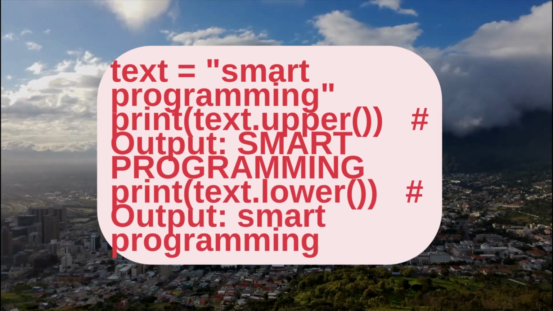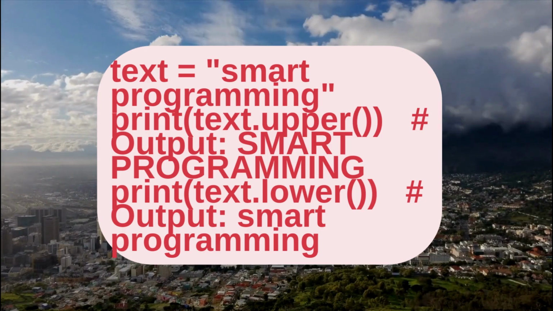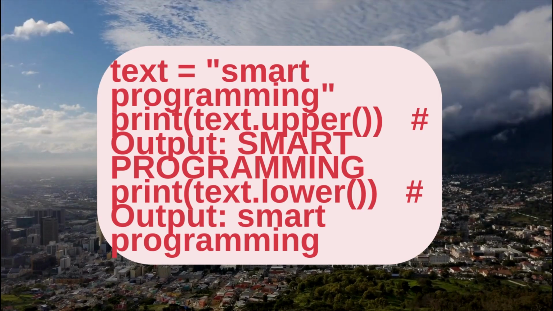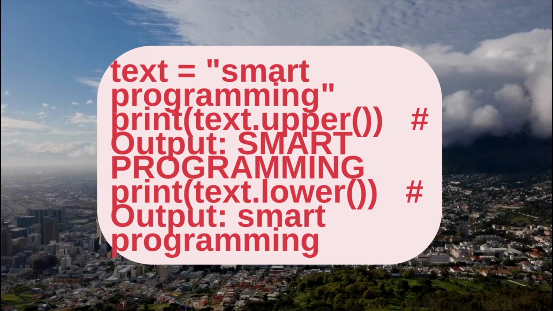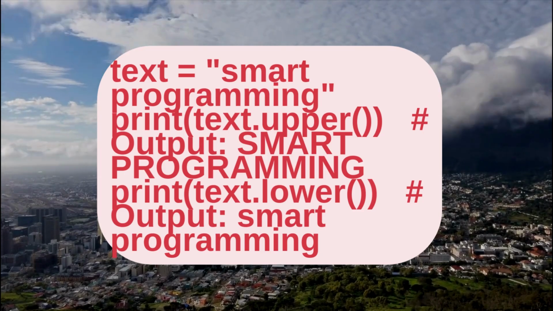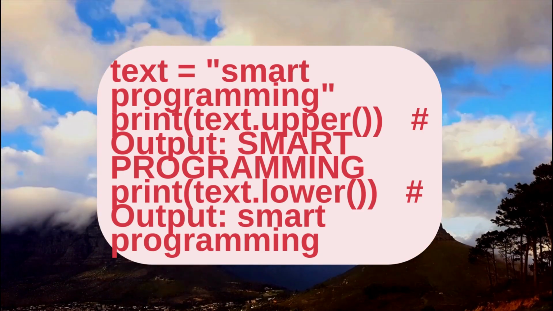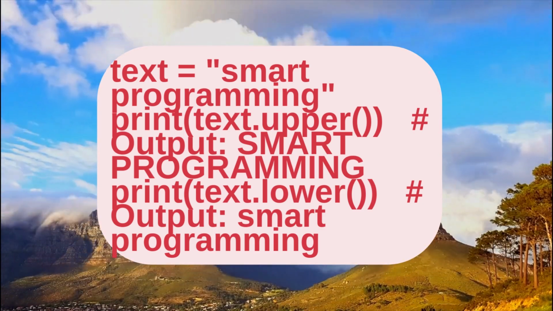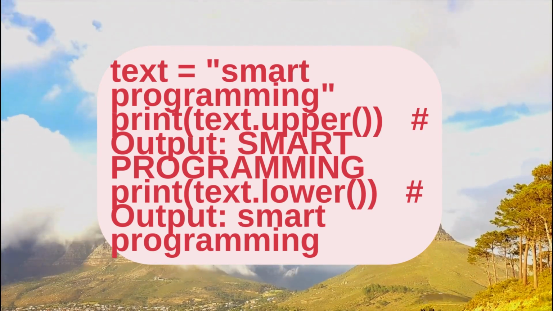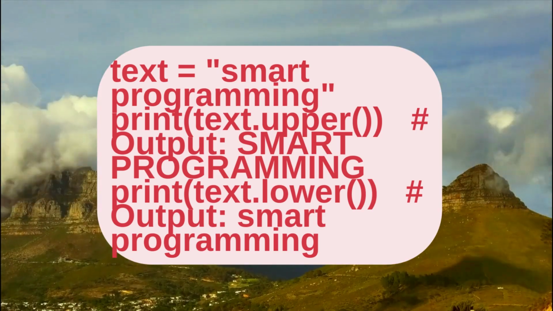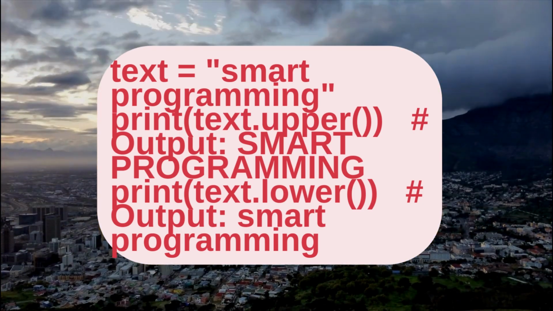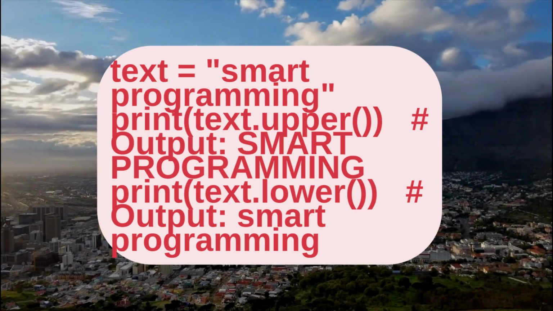We have print text.upper(), which uses the upper function on the existing text to print the value of the string we defined above in all caps. Similarly, print text.lower() gives smart programming all in lowercase, but as it was already in lowercase, it didn't change anything. These are two case functions, .lower and .upper, that you can use to change case in strings.